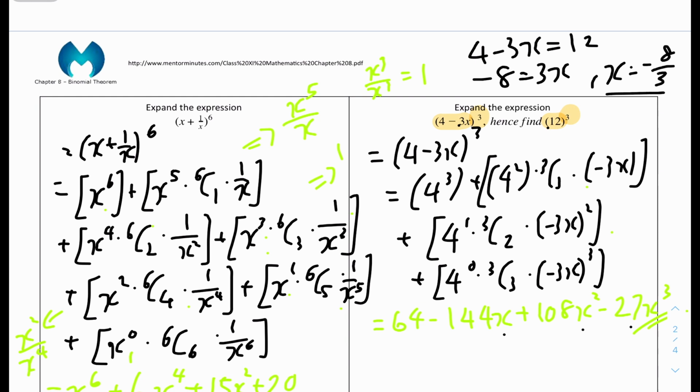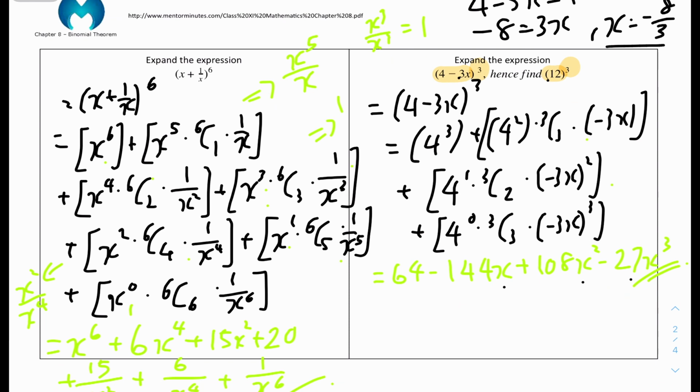Right? So you can actually substitute x equals minus 8 over 3 into this equation right here to find what 12 to the power of 3 is.